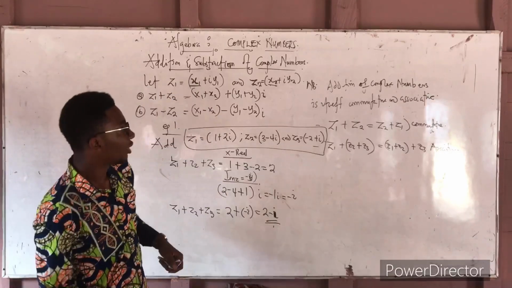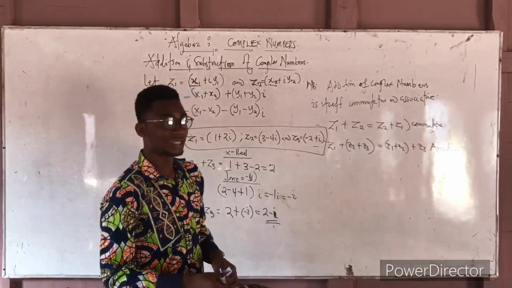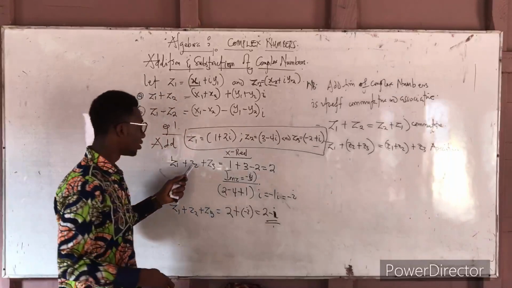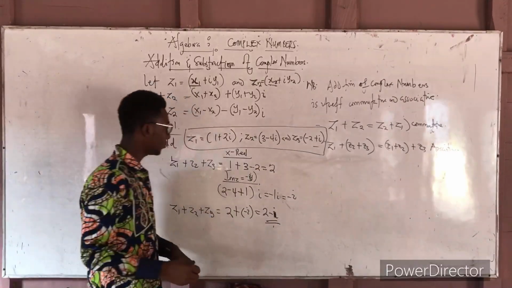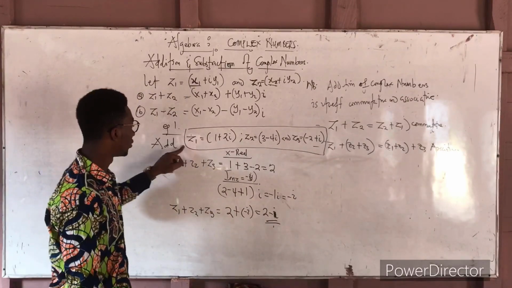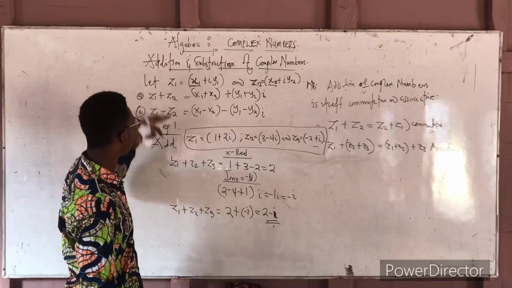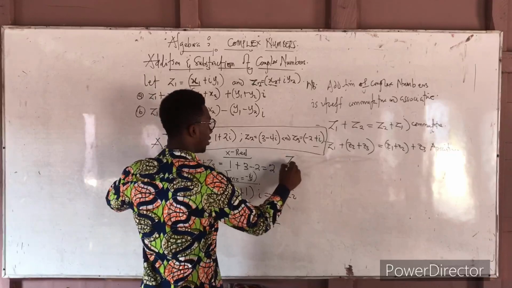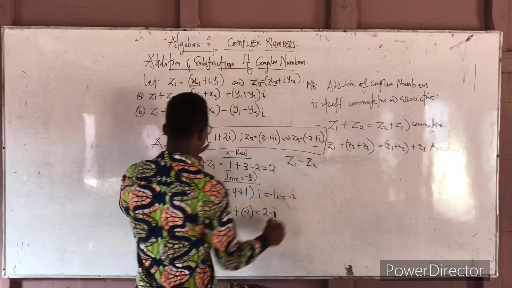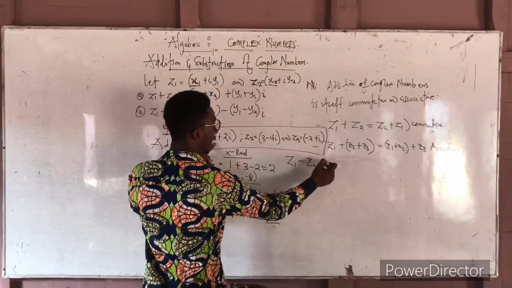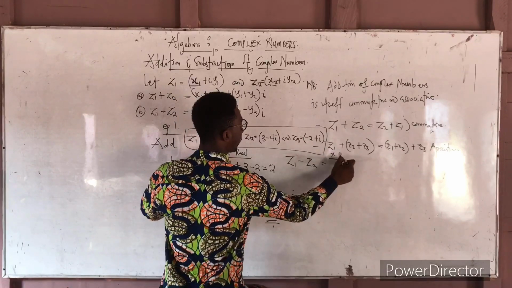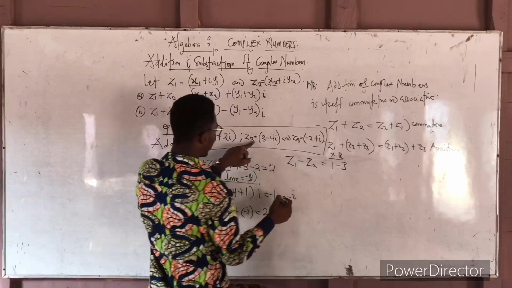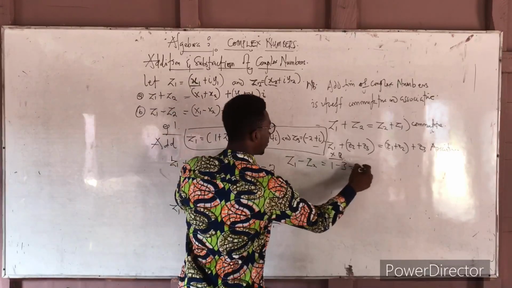Okay, so thank you very much, and I want you to get some examples and solve them. With the same example, you can subtract, say z1 minus z2. For the real part, you subtract: 1 minus 3, which gives us minus 2.